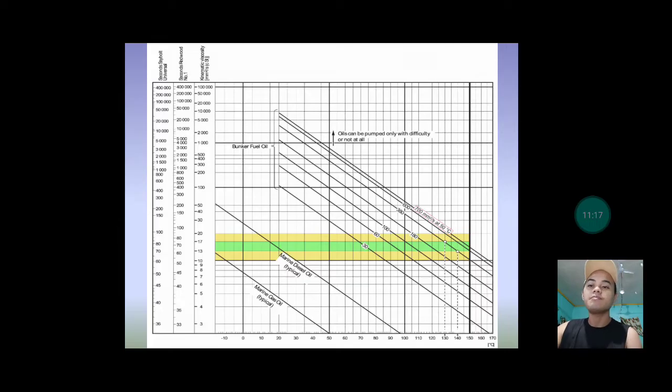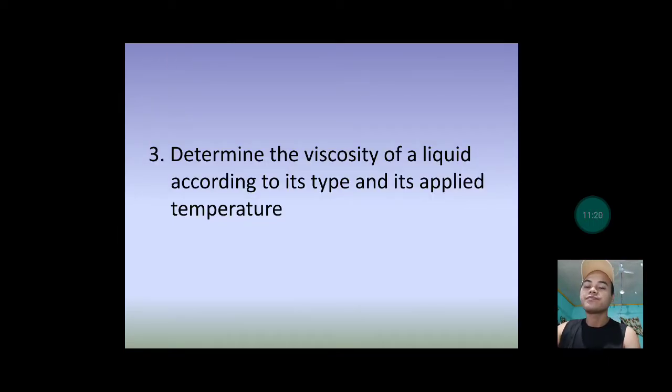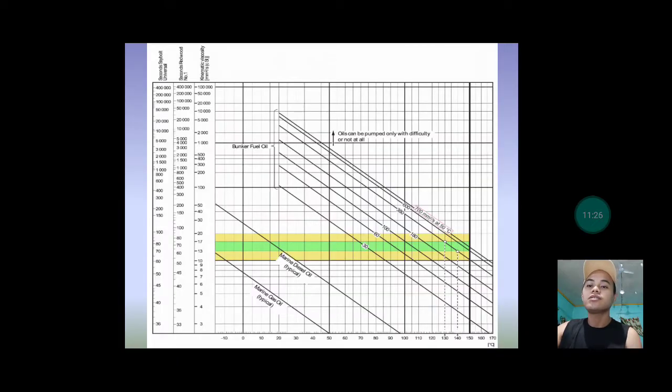Okay, that's it. So let's determine the viscosity of a liquid according to its type and its applied temperature. On ships, if you want to determine the viscosity of a liquid according to its type and applied temperature, you can use tables in the manufacturer's manual. For example, here we have a table. This line is the marine diesel oil, this is the marine gas oil, this is the bunker fuel, bunker fuel 30, so viscosity 30.